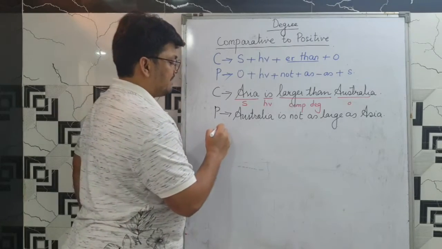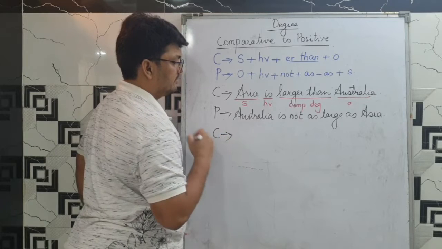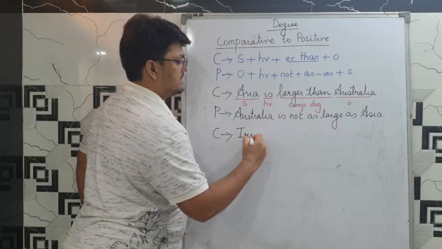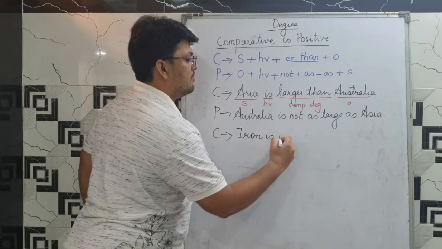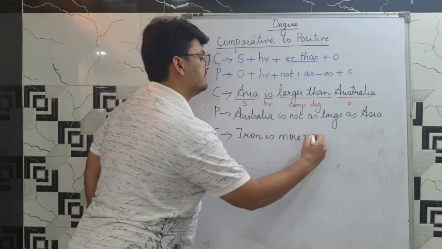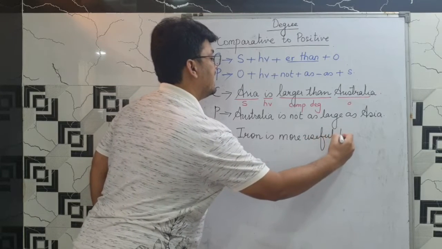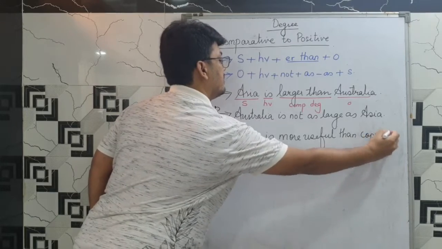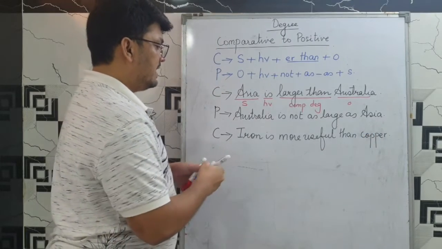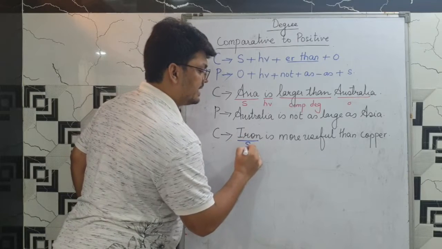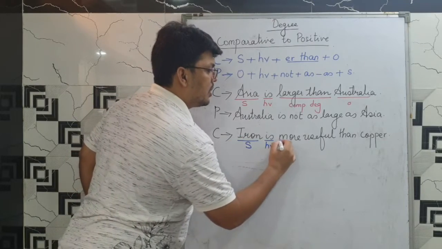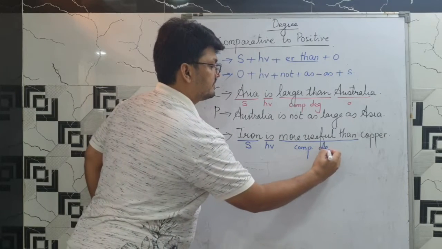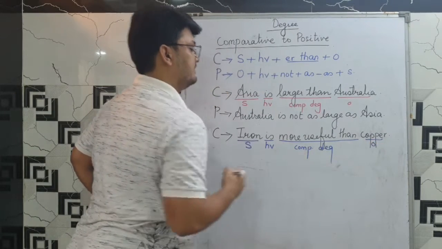Let's take one more example. Iron is more useful than copper. Here you can see iron is subject, this is helping verb, more useful than is my comparative degree, and copper is object.